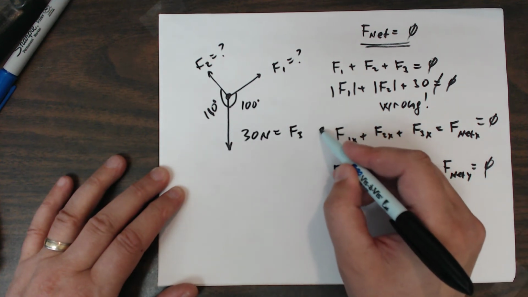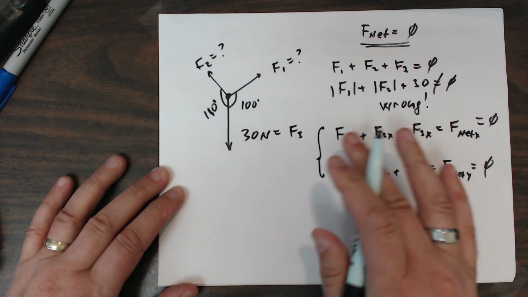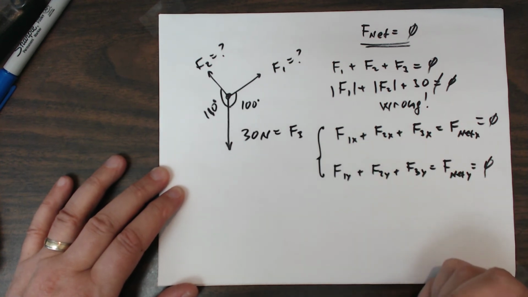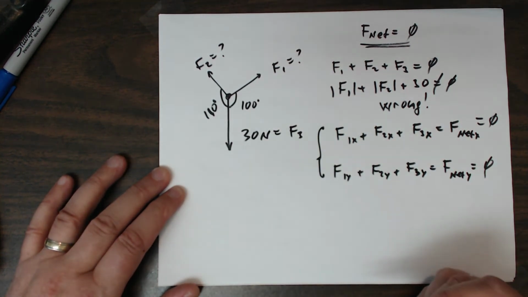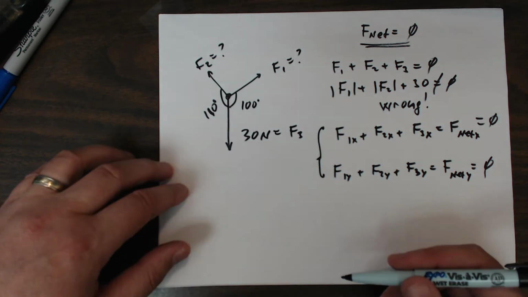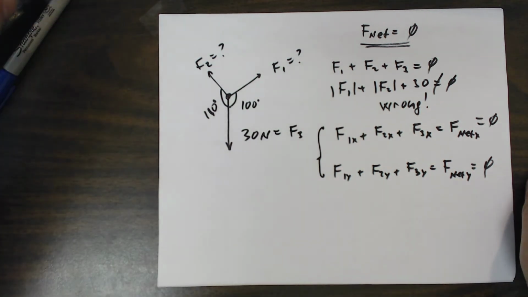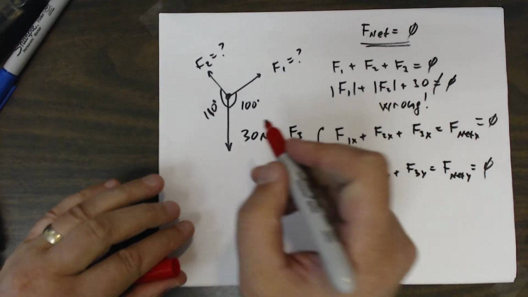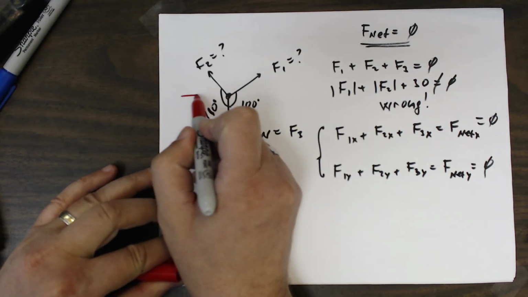So strictly speaking, these are the two equations we will have to solve. Well, we know from the previous experience we're going to use some angles. So let's see those angles.